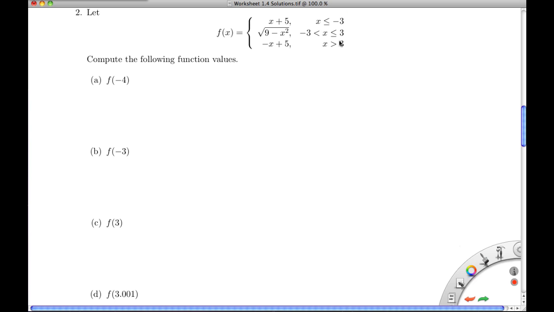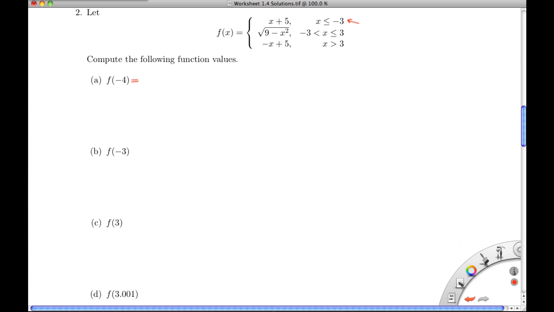So let's go ahead and try the first one. To evaluate f of minus 4, the first thing we need to figure out is, where does that minus 4 fall? If we look closely up here, it's in this piece right here. Since negative 4 is a number less than negative 3, this is going to be the part of the function we're going to use to evaluate.